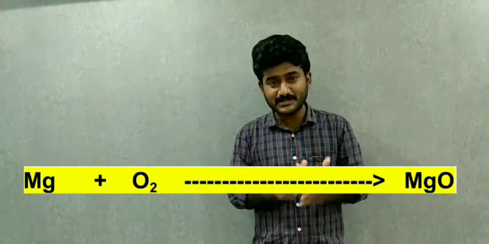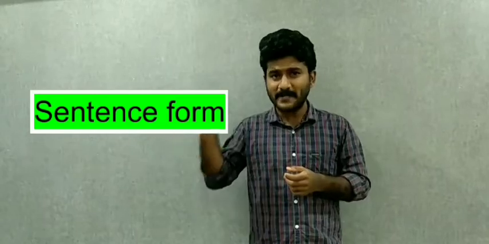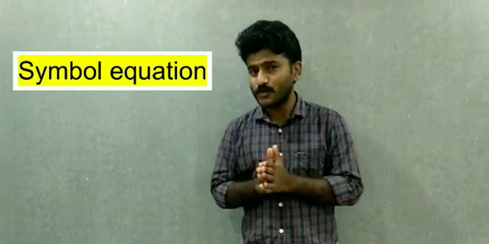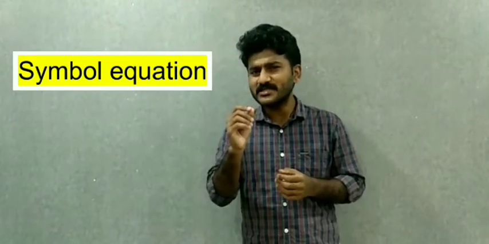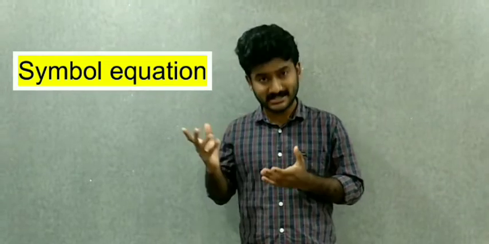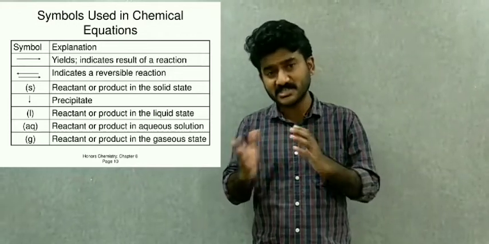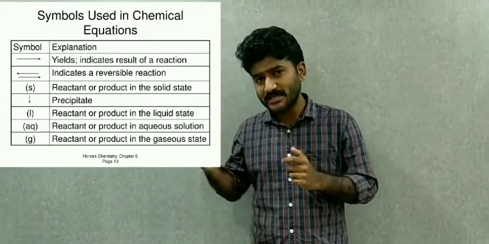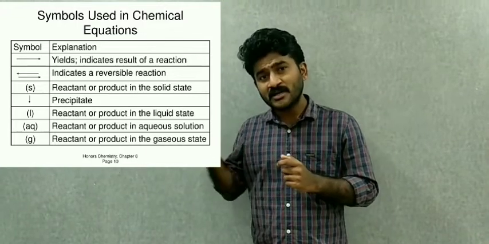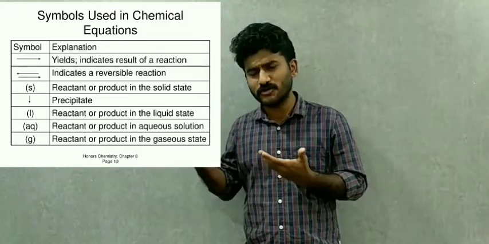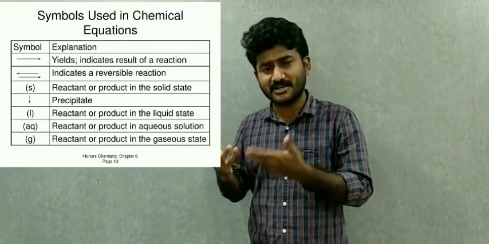So far we have explained how to represent a chemical reaction in 3 ways: the sentence form, word equation, and symbol equation. To make the symbol equation more informative, we can use some more symbols such as S for solid, for showing that the reactant or product formed is a solid, L for liquid, G for gas, or instead of G we can use an upward arrow for representing that the reactant or product is a gas.